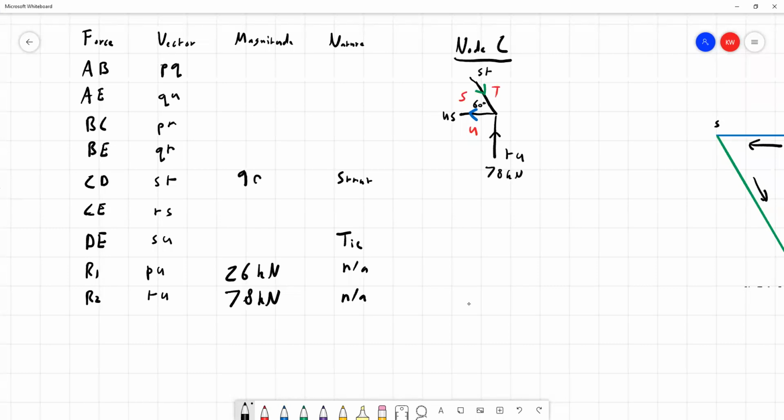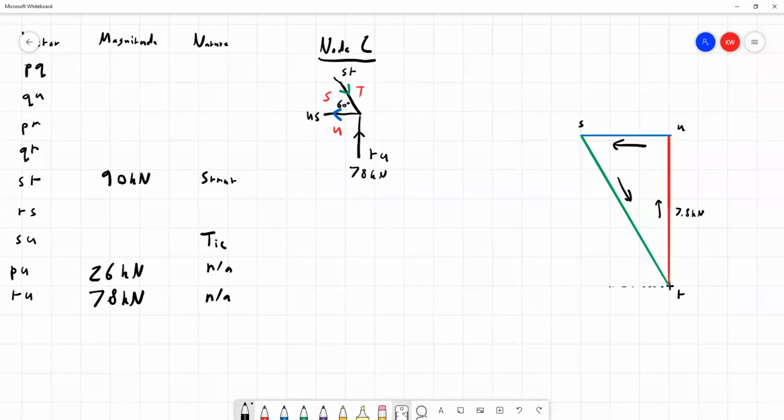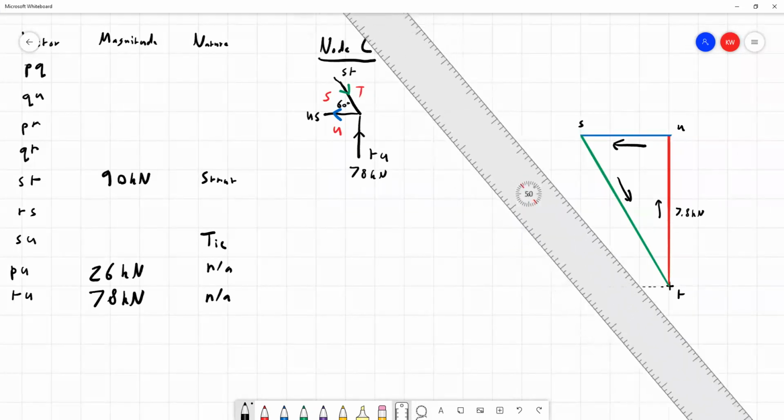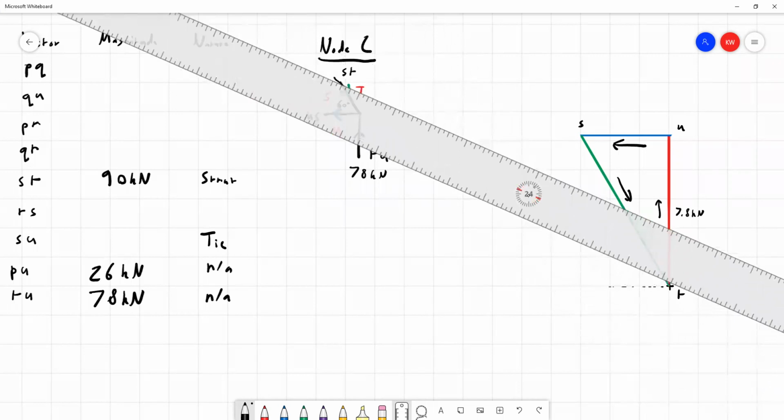Where there's any variance, so if I've done this correctly, it should be minor, and the course notes will stick with that, so the rest of the question works out the same way. And DE, represented by vector SU, well, if we measure that, we should get a line which is 4.5 centimeters long.